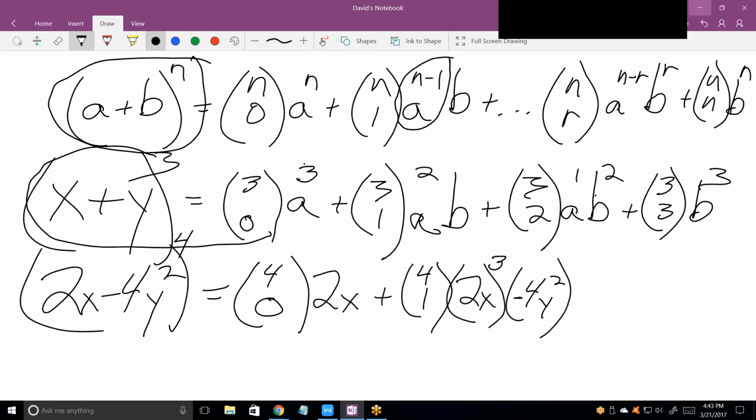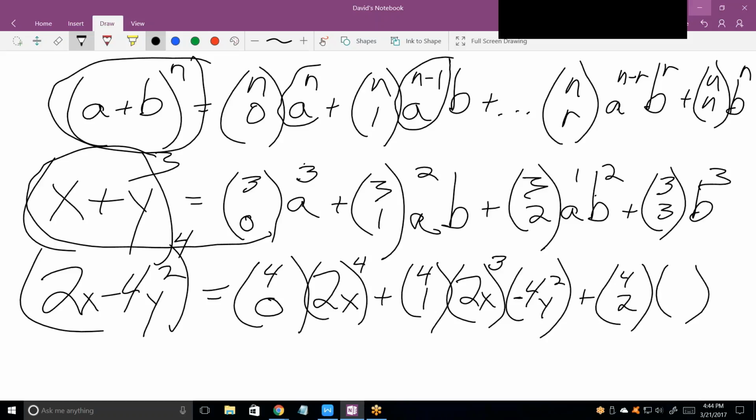Gets pretty complicated, but okay, what's the next term? 4 choose 2. Hold on a second. I made a mistake. This first 2x is to the 4th power.